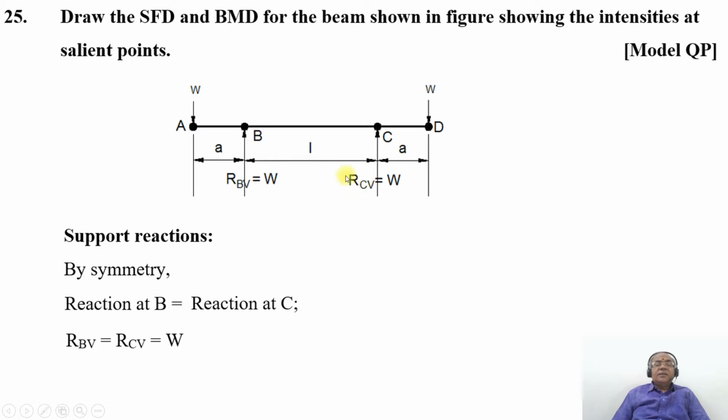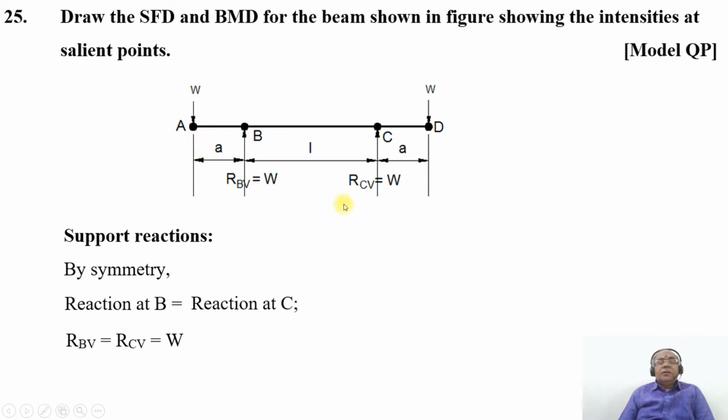So we have RCV into L plus W into a equal to W into (L plus a). When you open the bracket, W into L plus W into a.